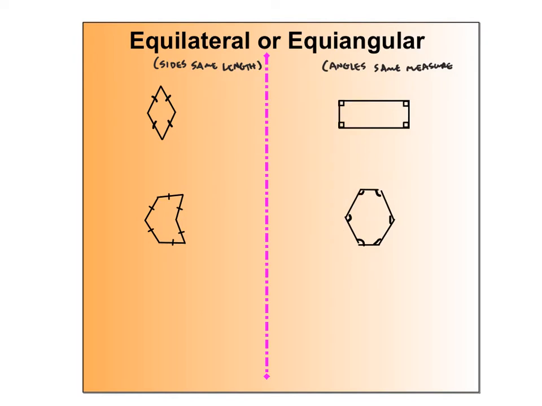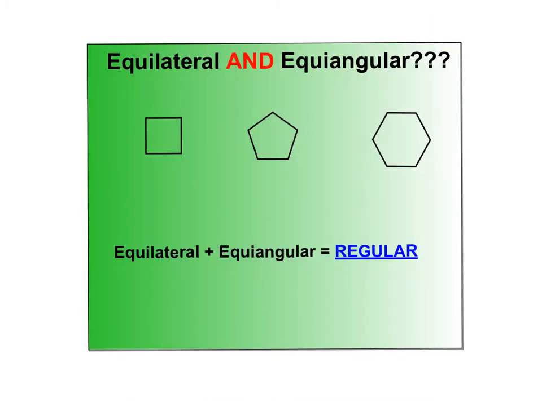What if a polygon is both equilateral and equiangular? If a quadrilateral, or any polygon for that matter, is equilateral and equiangular, it's called regular. So if you have equilateral and equiangular properties going on, you get a regular polygon. So a regular quadrilateral has a special name: it's just a square.